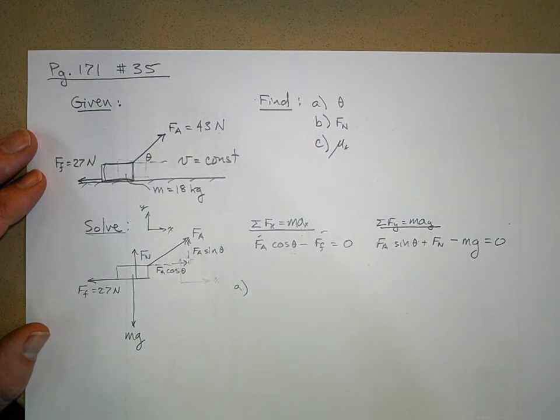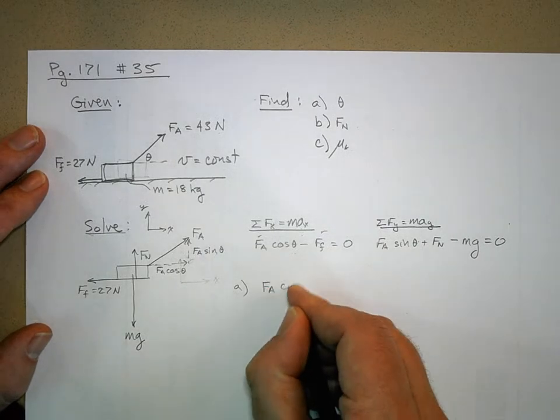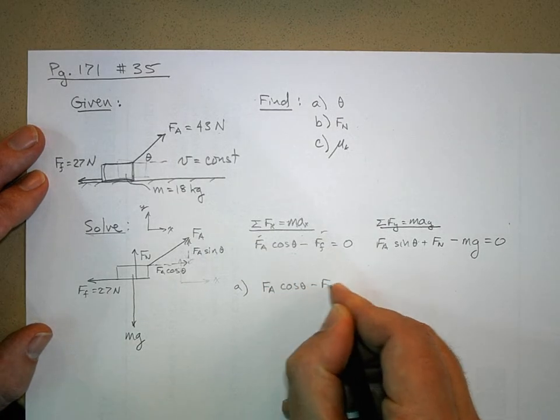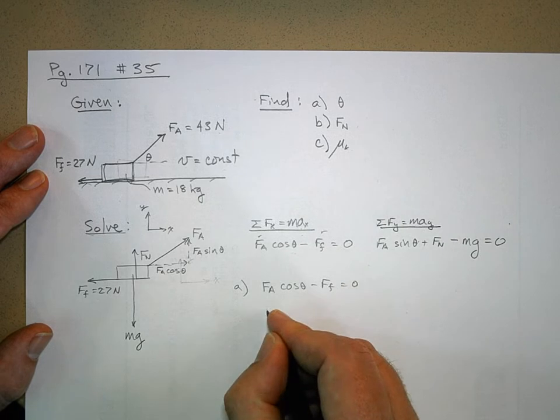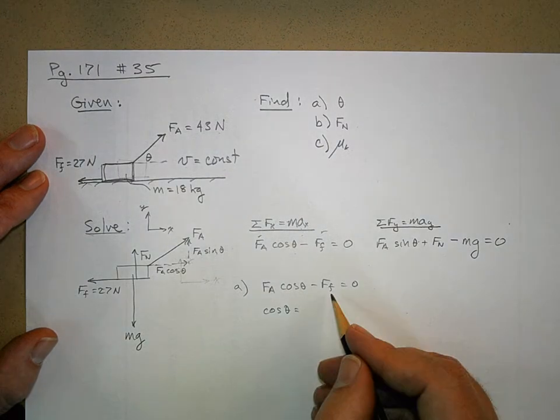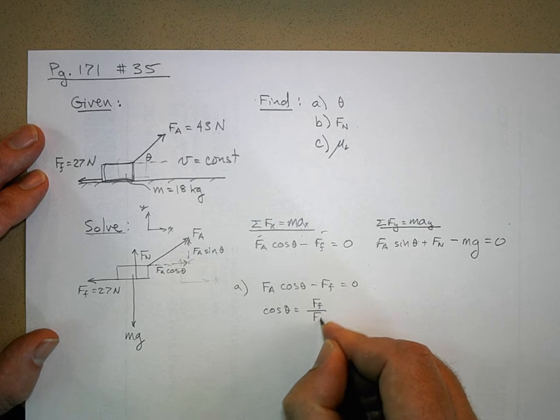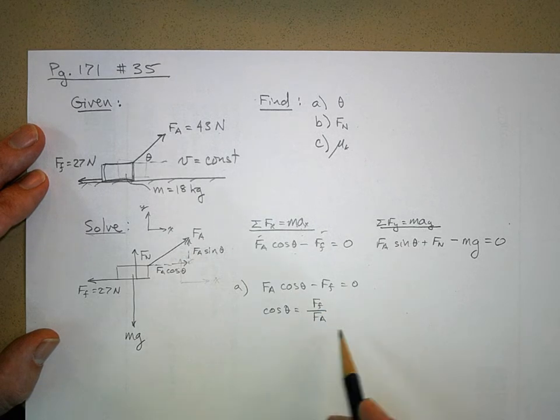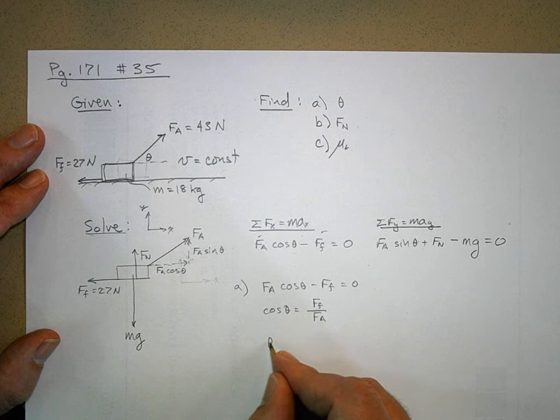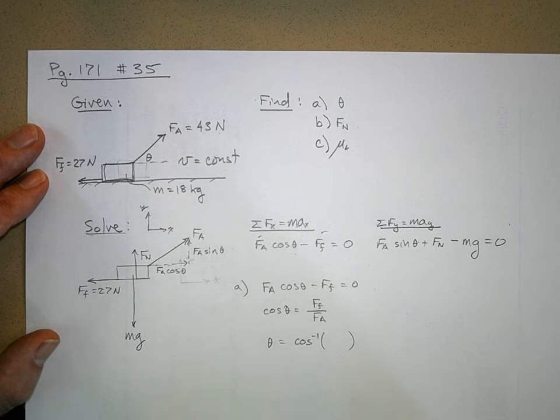Yay. So I'll just rewrite the equation. FA cosine theta minus the force of friction equals 0. So therefore, bring this over there and divide. So cosine theta is equal to the force of friction divided by the applied force. And now I can solve for theta, you see. So theta will be equal to the inverse cosine of the force of friction over the applied force. I'll go ahead and plug in my values now.